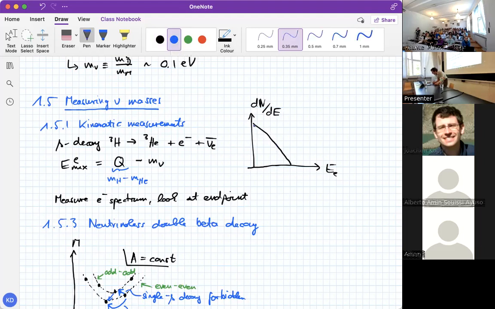Now, if neutrinos are massive, then that straight line turns over a little earlier. So here, the classical endpoint, that's the Q value. So it turns over a little bit earlier.